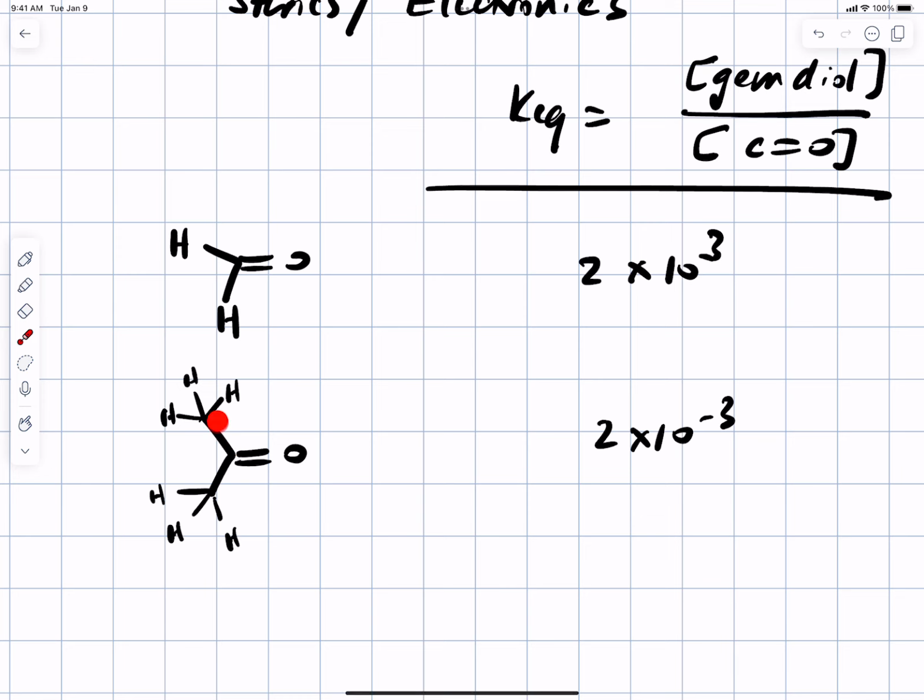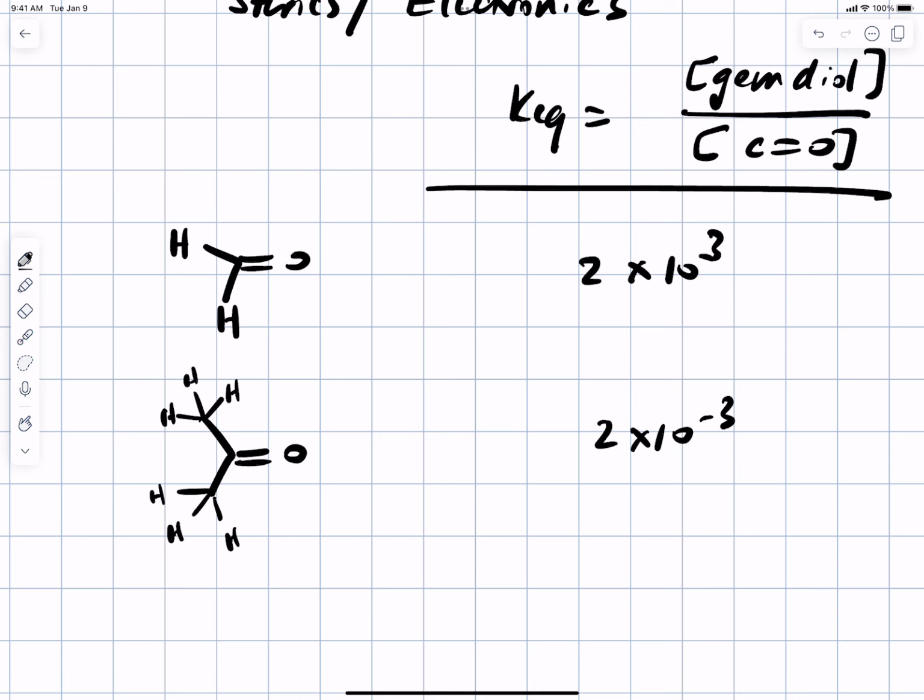There's also another effect going on here. We haven't talked about it, and I'm not going to draw it, but what's the LUMO of a carbonyl? Pi star, right? That's an empty unfilled orbital. On this adjacent alkyl group, you have carbon-hydrogen bonds.